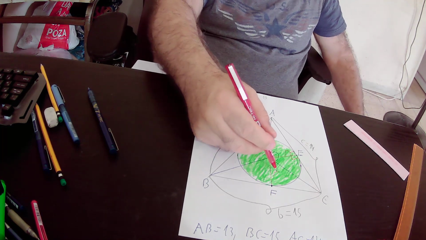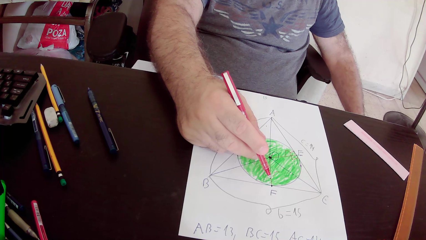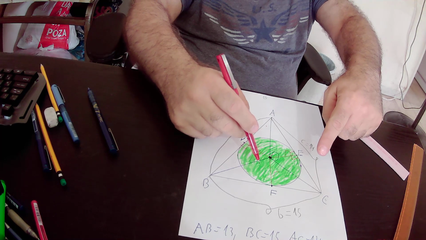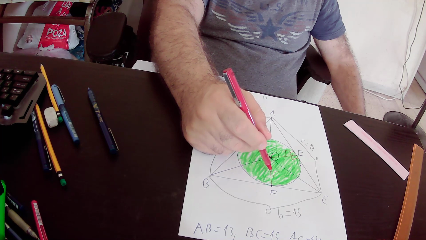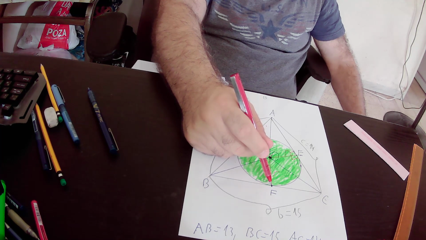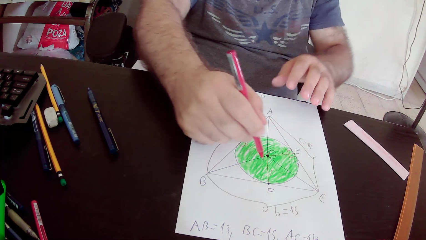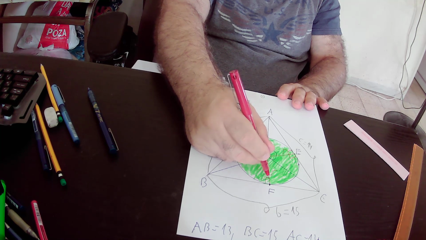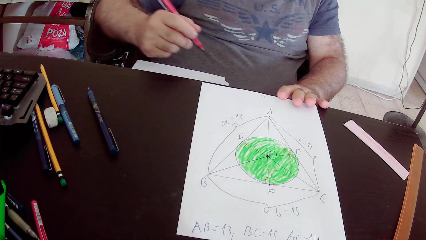This radius is actually drawn to the launch point, that is point F. Point F is the point of tangency between tangent BC and the green circle. Therefore, because this radius is drawn to the launch point, this radius is perpendicular to its tangent BC, that is to say, this is a right angle, and also this angle equals 90 degrees. Okay?